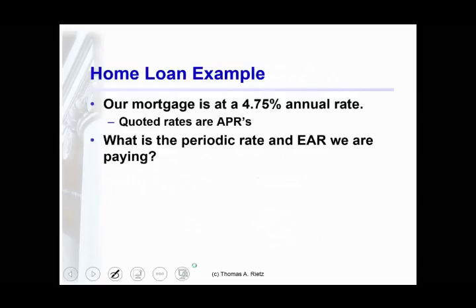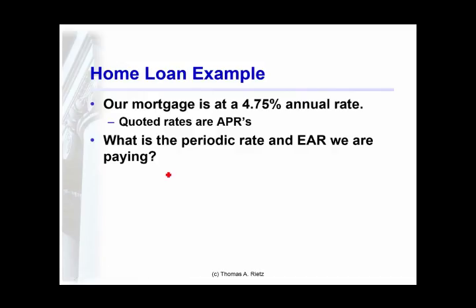So let me give you an example. Our mortgage is at 4.75%. It's annual. We make monthly payments. What is the periodic rate that we're paying on this loan? Well, you would just take the 4.75% and divide it by the number of periods in a year, 12. That's the periodic rate.